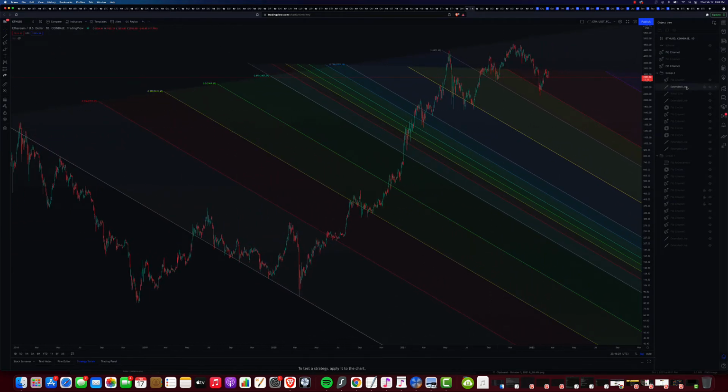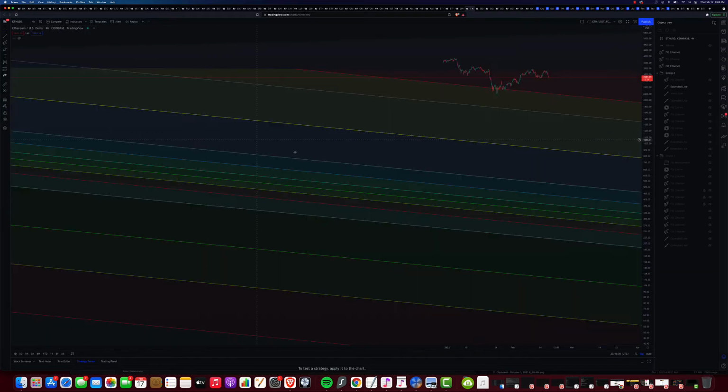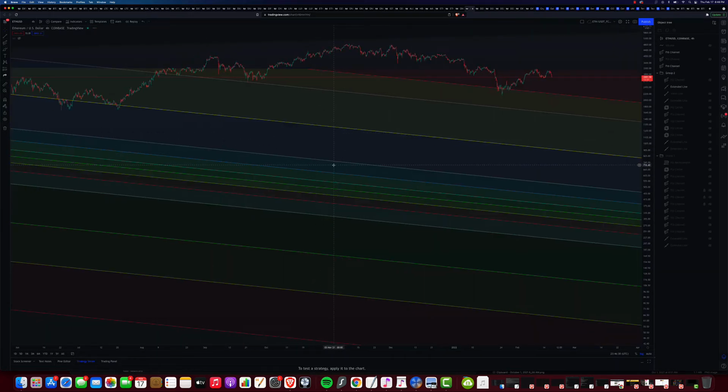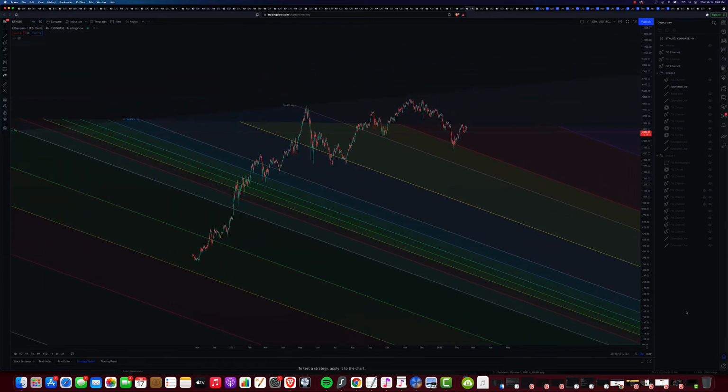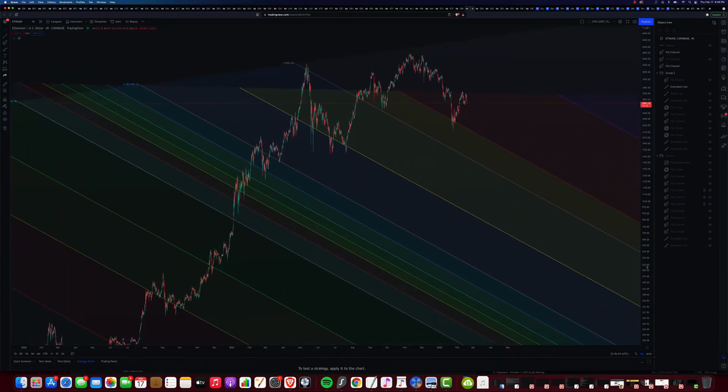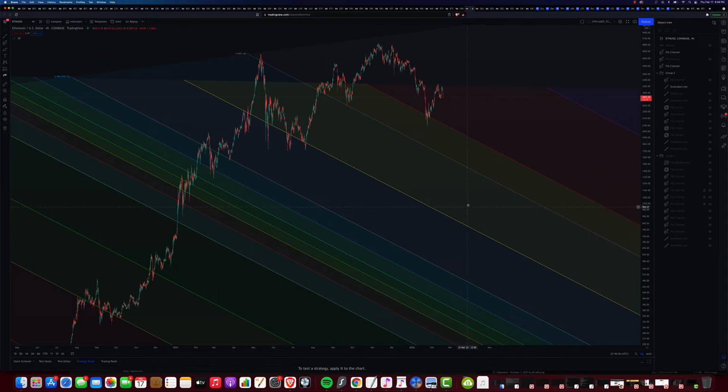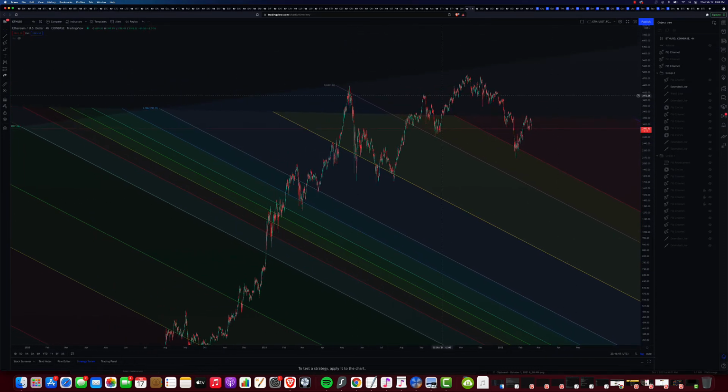Alright, so actually let's go ahead and zoom in to the 4 hour. Let's go down to the 4 hour and let's go to where price is right now. What you can actually do, if you want, is see how this is cutting off. You can go inside the properties and extend it.